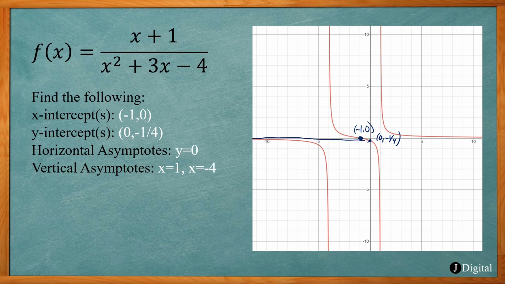So right here, we can see that it tries to go close to 0, but doesn't ever reach it. Vertical asymptote at x equals 1. So vertical asymptote there. And at x equals -4, you can see one going there. It approaches that line, but never touches it.